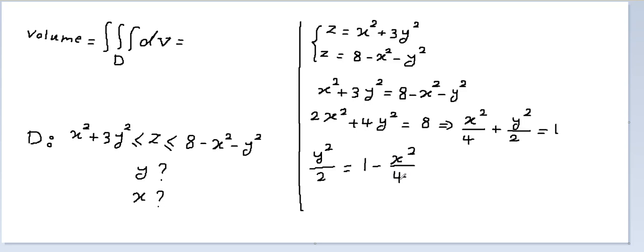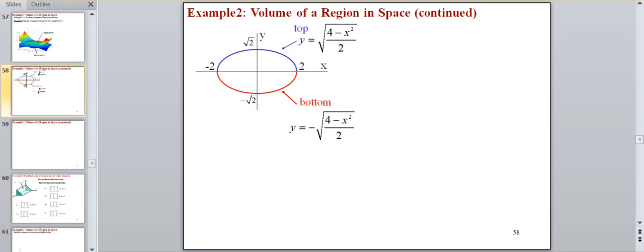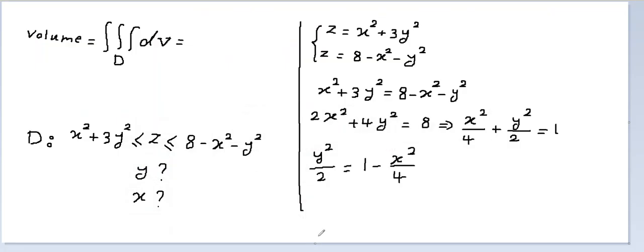And then let's take a square root. Let me erase this one.